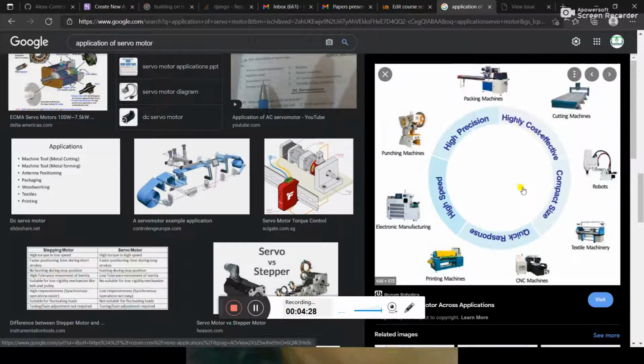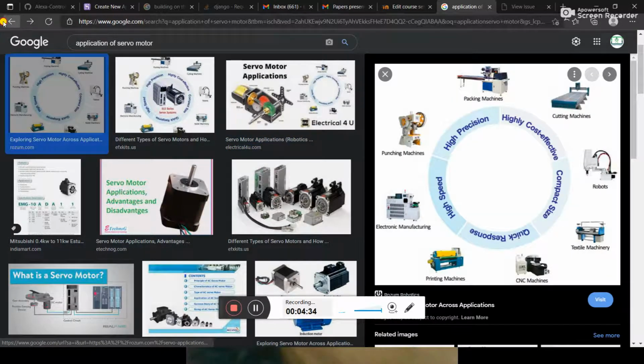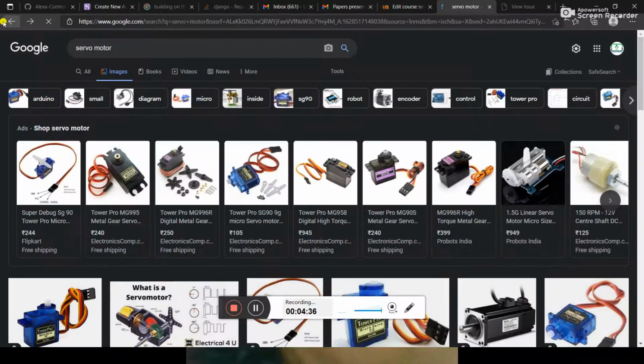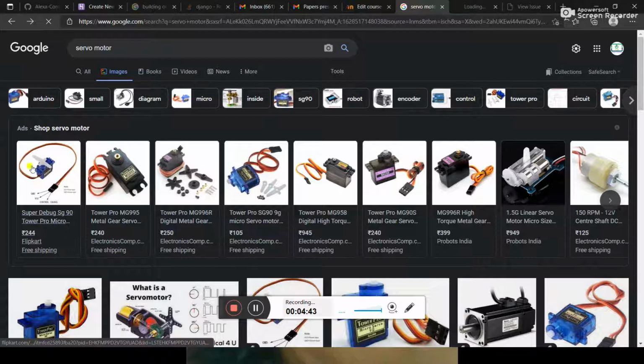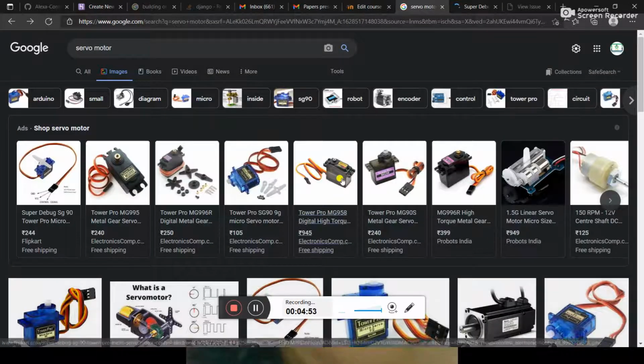There are 3 wires in a servo motor basically: signal, plus 5 volt and ground.